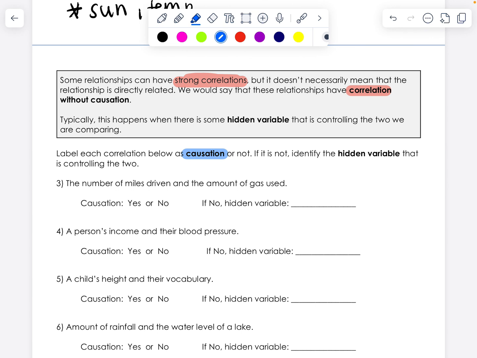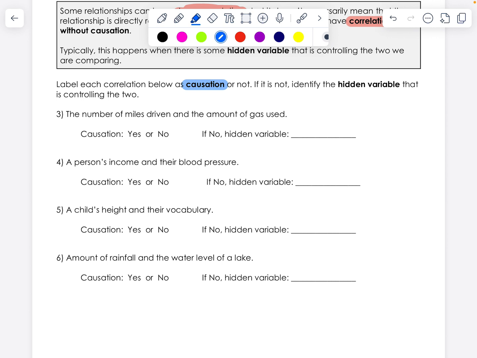So let's take a look here at some examples, and this is what you're going to be doing in your homework today. So number 3 says, the number of miles driven and the amount of gas. Does the number of miles driven always impact the amount of gas you've used? Hopefully you're saying yes. The more we drive, the more gas we use. The less we drive, the less gas we use.